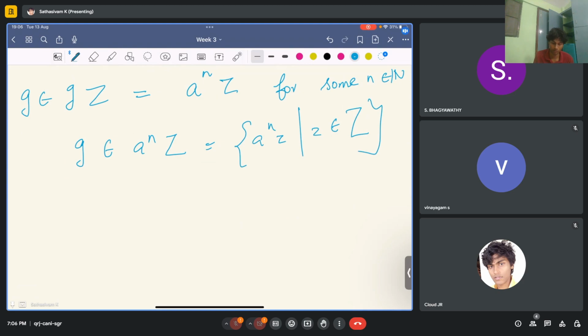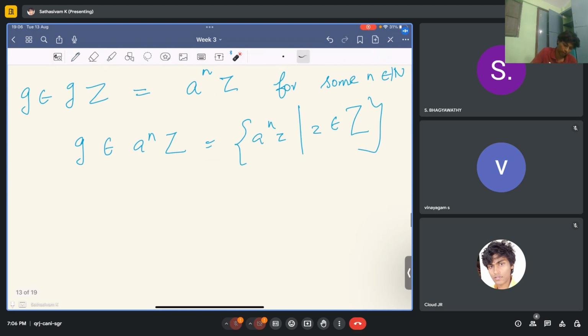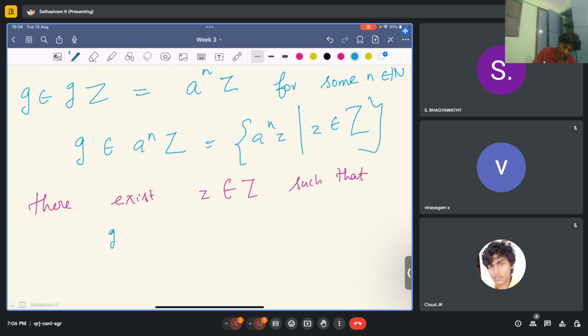So that's how all the elements look like. Now G is one such element. So what happens is there exists Z belongs to Z, such that this G is equal to A power n Z.